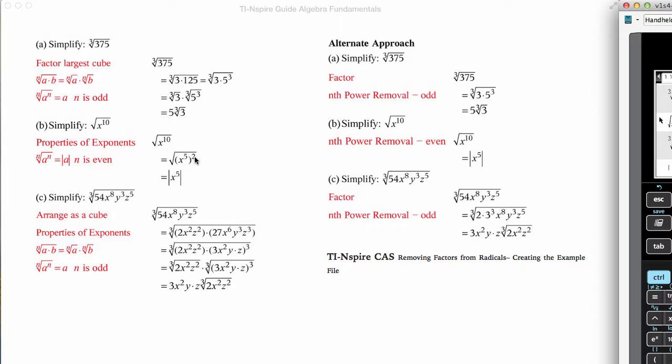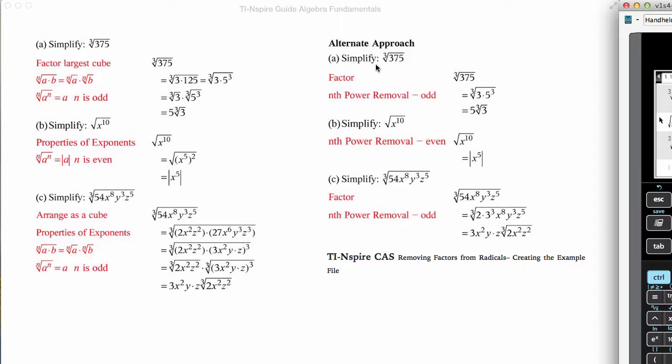Since this is an even index, the answer turns out to have absolute value. When we have the cube root of this part here, we can split it apart into the ones that are multiples of 3 and the parts that are left over. Then we can split the 2 apart. We can take all the perfect cubes and bring them out. Again, you'll want to spend more time looking at this detail.